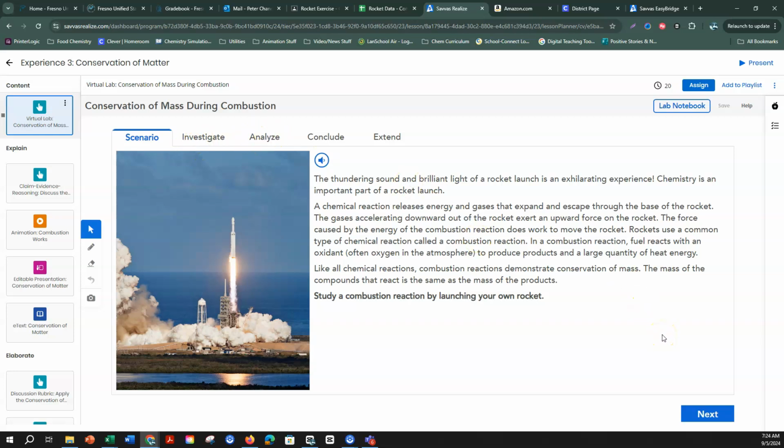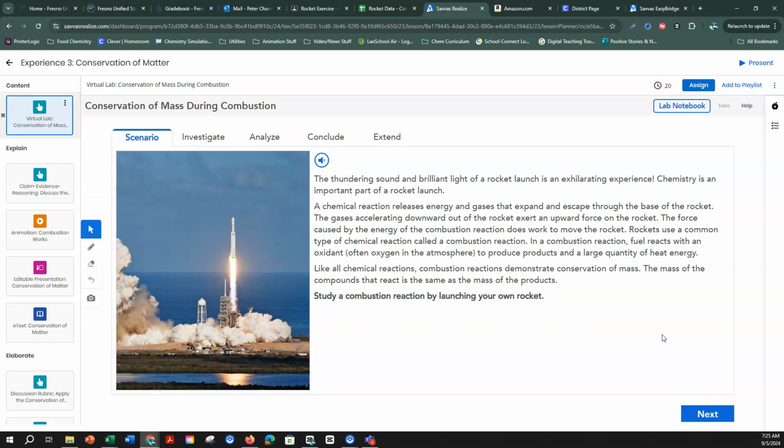So the thundering sound and brilliant lights of a rocket launch is an exhilarating experience. Chemistry is an important part of a rocket launch. A chemical reaction releases energy and gases that expand and escape through the base of the rocket. The gases accelerating downward out of the rocket exert an upward force on the rocket. The force caused by the energy of the combustion reaction does work to move the rocket. Rockets use a common type of chemical reaction called a combustion reaction.